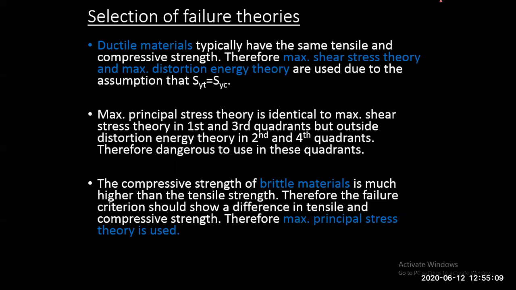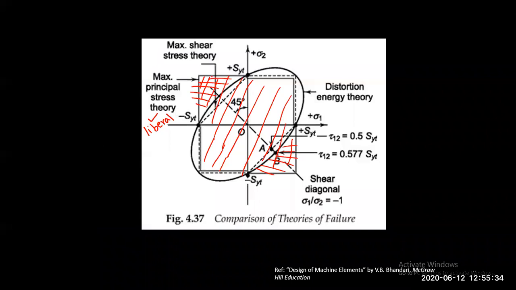Right. So here you see selection. How do you select which theory of failure for which particular problem? For ductile materials, we use maximum shear stress and distortion, which is nothing but the von Mises theory of failure. So we use either shear stress theory or distortion theory. Why we don't use the principal stress theory is, as I told you before, it is liberal. It will say that it is safe even though it is not safe.